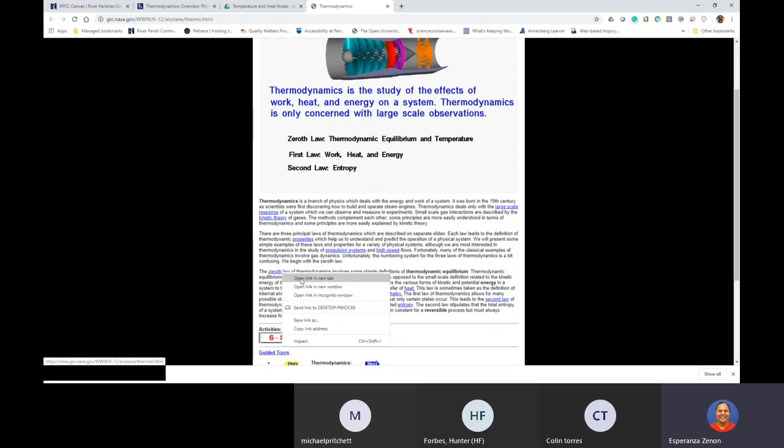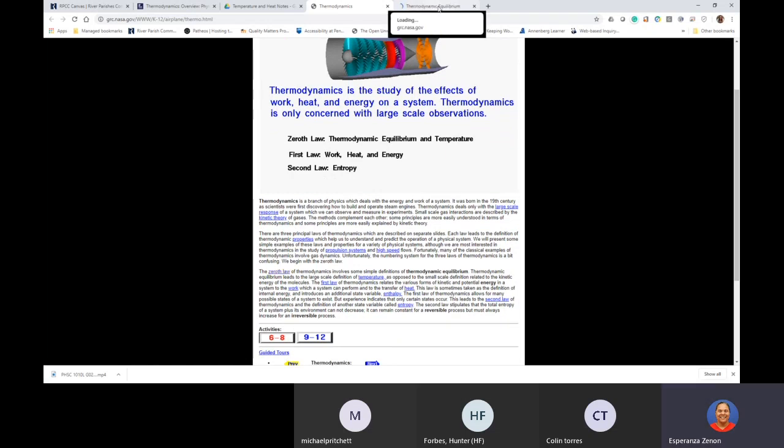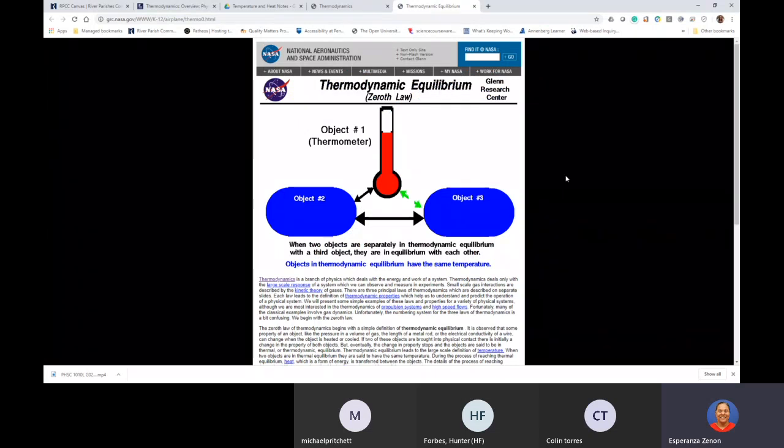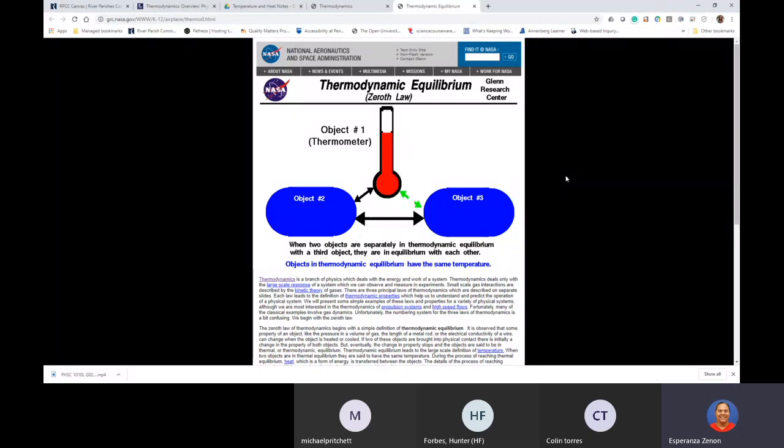So let me click on the zeroth law first. Okay. So the zeroth law, and you may be wondering why a zeroth law. Well, they came up with the first, second, and third law in the early 1800s.